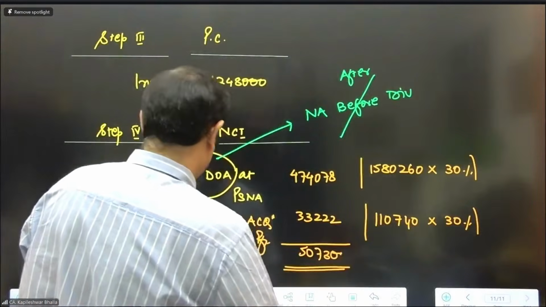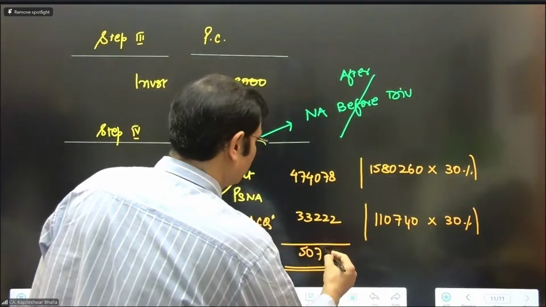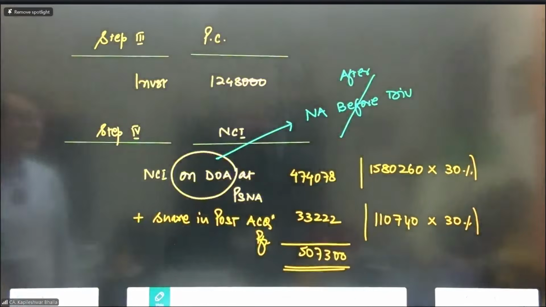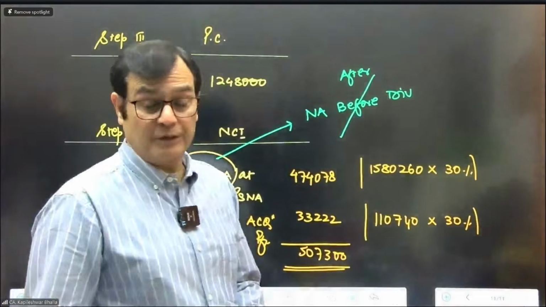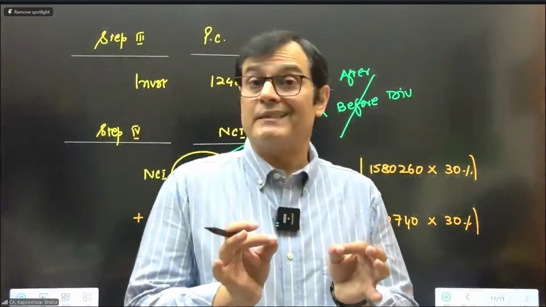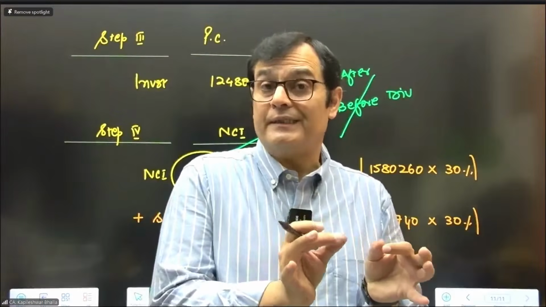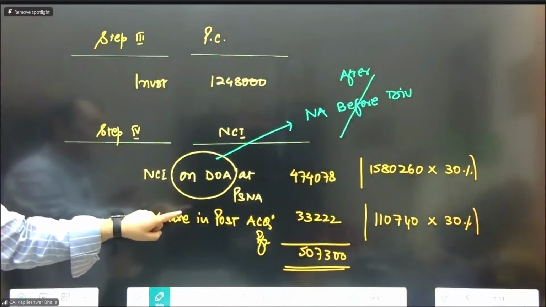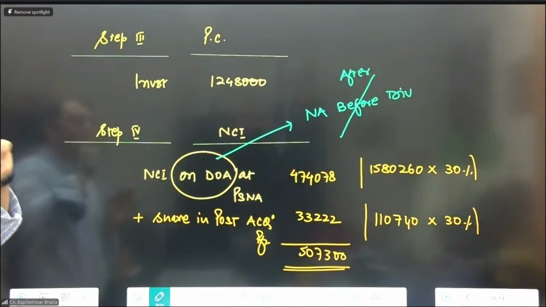So this is the focus point which we need to keep in mind as you're calculating the NCI, that you need the net assets after reducing the dividends, because this NCI is on the balance sheet date. So we took the net assets post the dividends and added the share in the post-acquisition earnings.